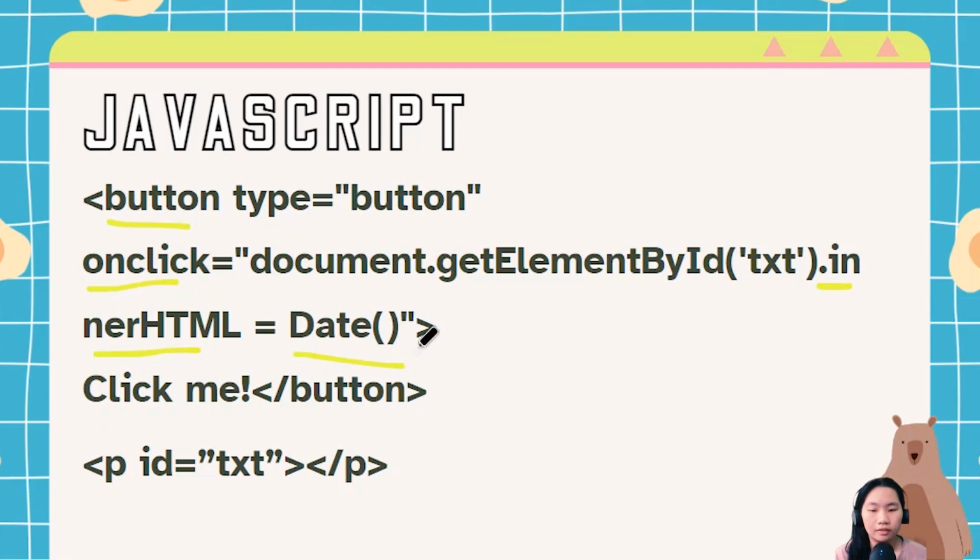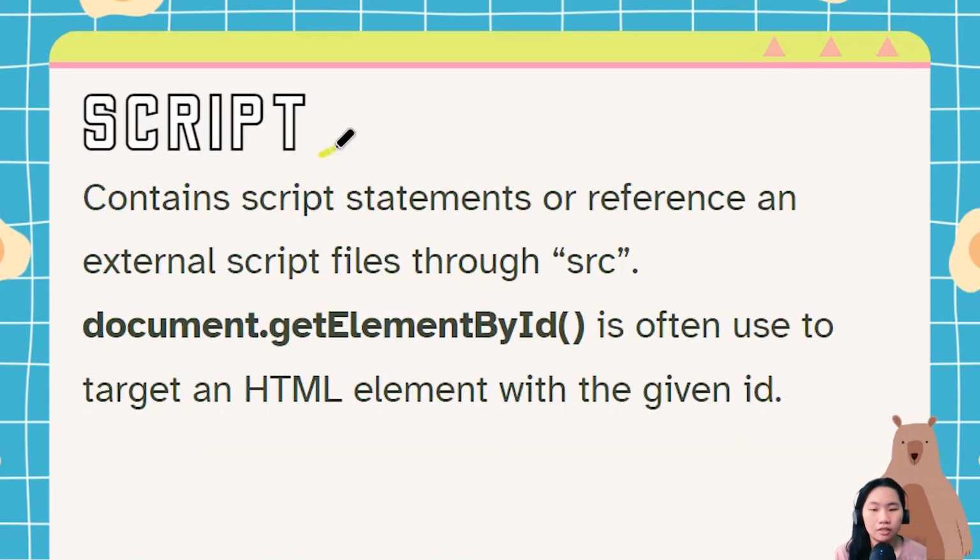And after that, we have click me, and then we close the button. Now, not forgetting the p tag with the ID txt, okay? So what this will show when we load our website is just the date of today, like January 1, 2024, or whatever.